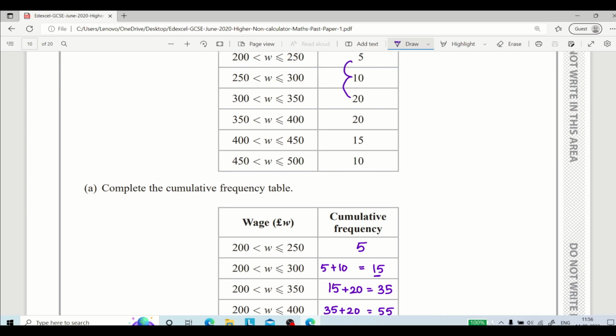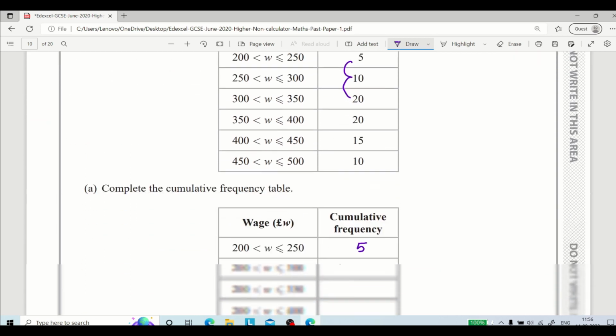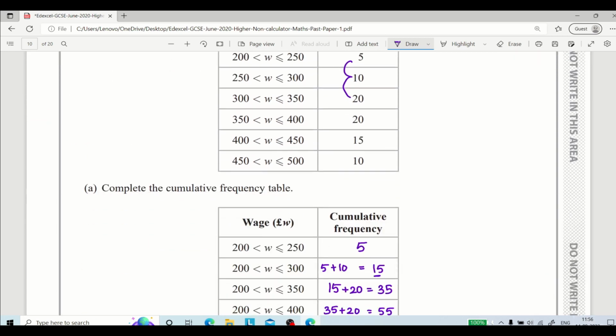So here what we'll do is we'll consider the frequency and the wage, and the wage we'll consider in such a way that the right side part, for example, if this is my table, I'm going to consider this value, that is 250, and on 250 I'll map the frequency 5. Okay, we are going to use this part, the cumulative frequency table, these values for the graph.